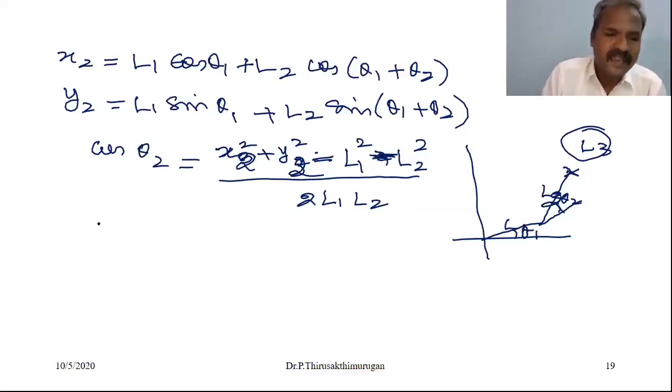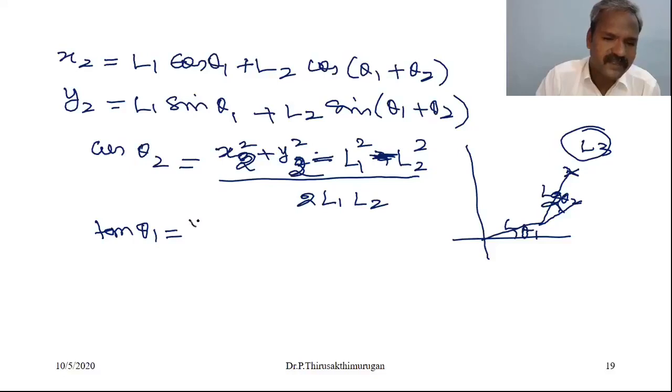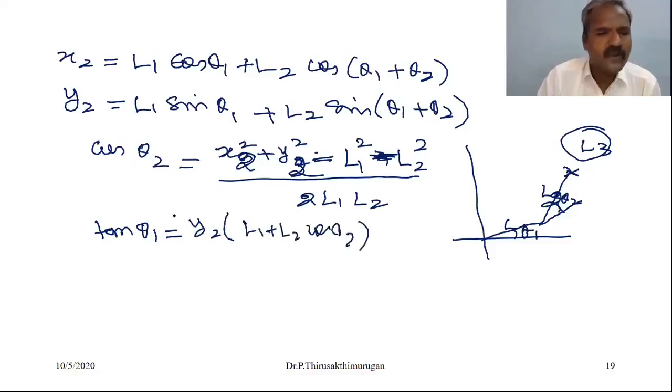Then again, you use the relation for tan. Okay, what is tan? Tan theta 1 you can find equal to y2 and x2. Instead of y and x, you can have y2 and x2. What is y2? L1 plus L2 cos theta 2. By knowing this theta 2, you substitute in this relation to get theta 1.